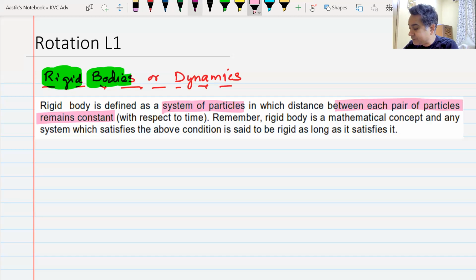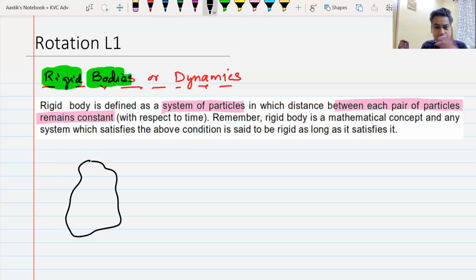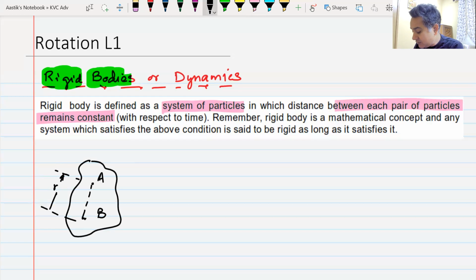So if I have a body like this, it could be of any shape, it could be a system of particles, and I take 2 points A and B. The distance between these 2 points A and B should remain the same. Then we call that body a rigid body. Do we understand this?